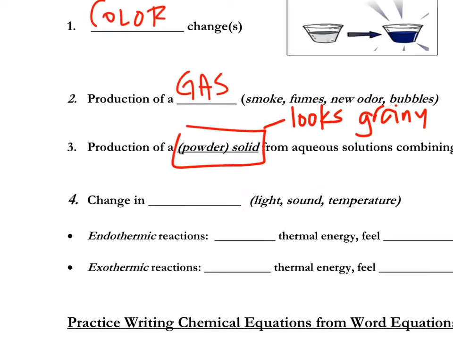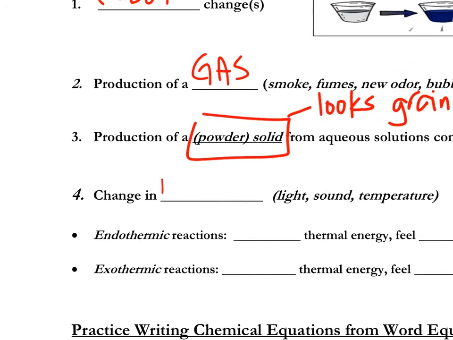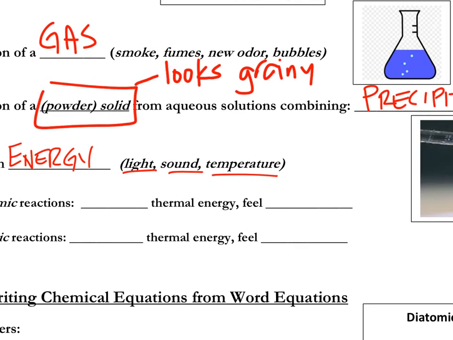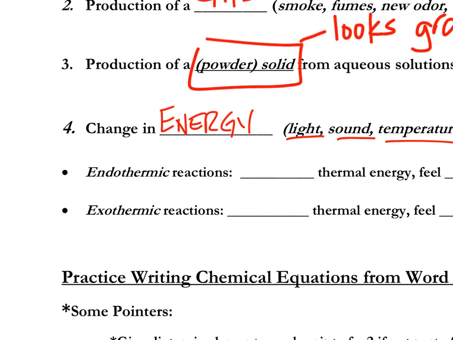Okay, if there's a change in energy, that's an indicator that there's a chemical reaction taking place. So energy can be in the form of light, sound, or thermal. So you can have an endothermic reaction or an exothermic reaction. So we're talking about an exchange in energy.